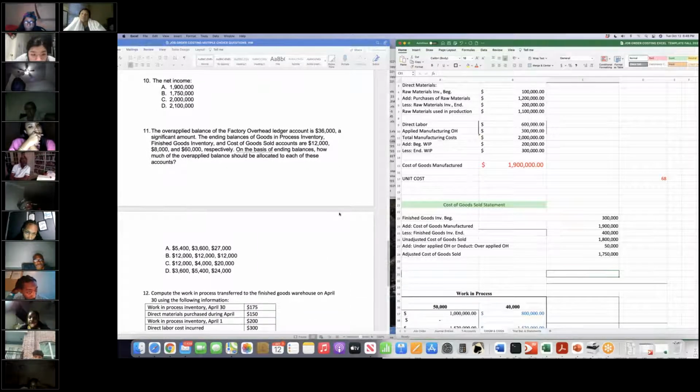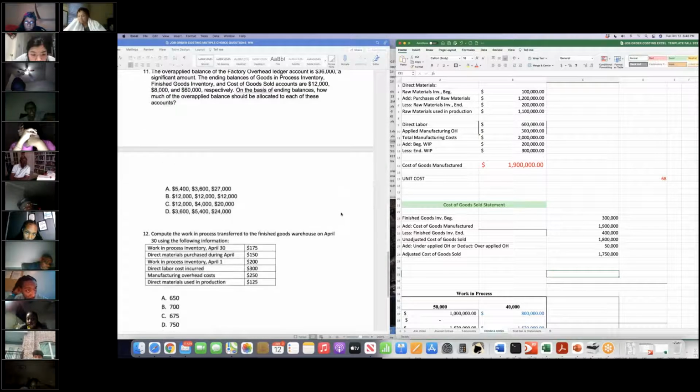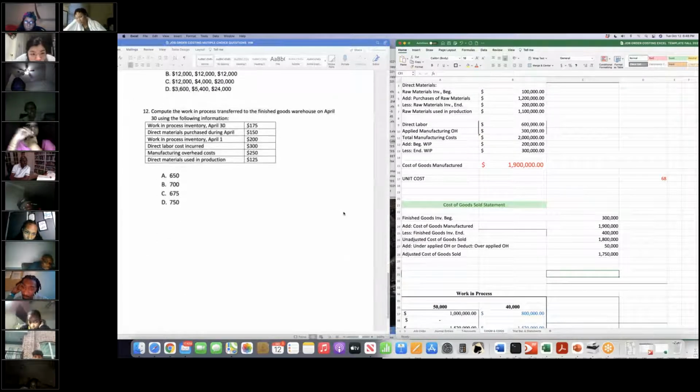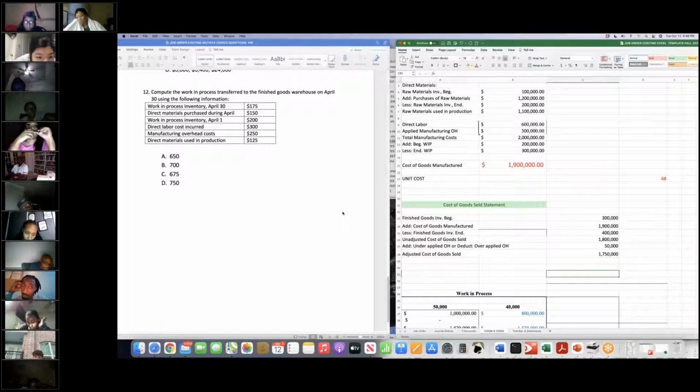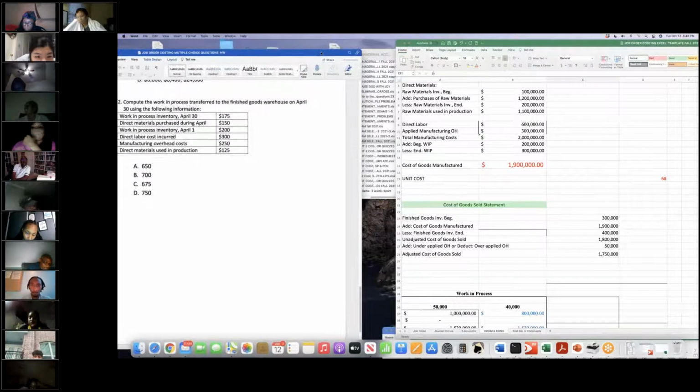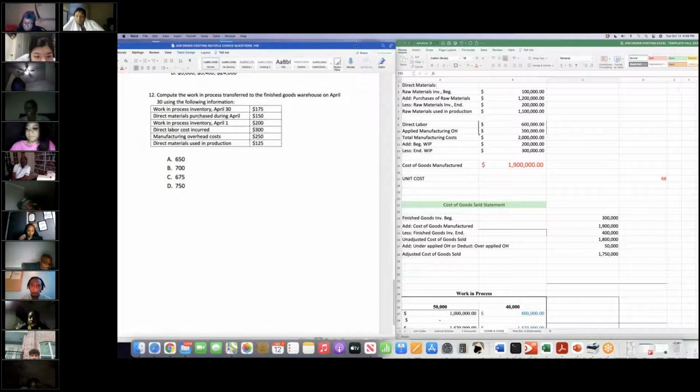So we'll look at 11 and 12 next time. These are just some to have you look at parts of the process. They fit in the bigger picture, but you're just looking at parts of the process.